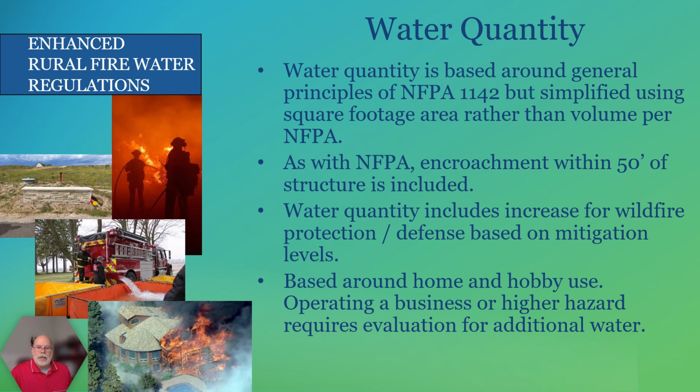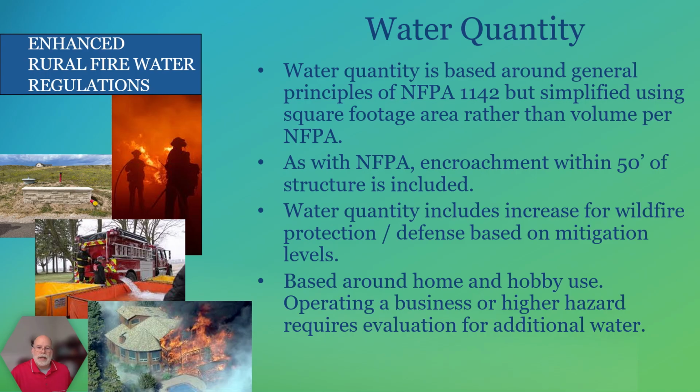The water quantity is based around the general principles of NFPA 1142, but we've simplified it to just use square footages rather than the volumes required by NFPA 1142. So with 1142, you'd have to look at the volume of the structure. So basement floor versus first floor versus second floor, and where you have vaulted ceilings, the attic slope and the attic roof, those all get into the calculations of NFPA 1142.